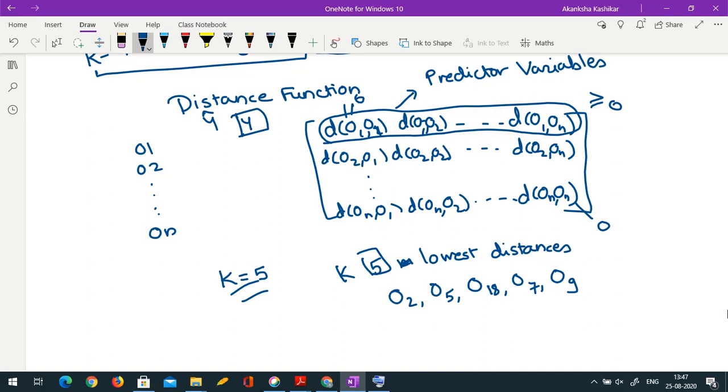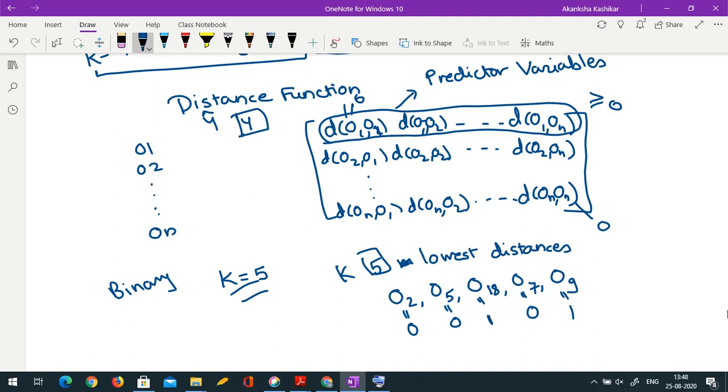Then what we would do? We would check the class of each of these observations. Let us assume that we are in the binary setup, that is, my y takes values only 0 and 1. And suppose O2 comes from 0 class, this also comes from 0 class, this comes from 1 class, this comes from 0 class and this comes from 1 class.